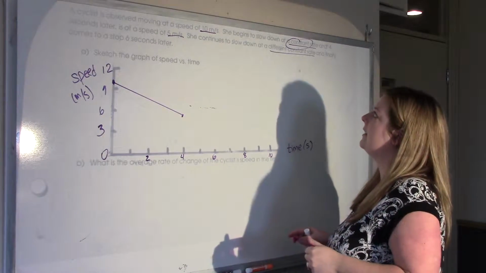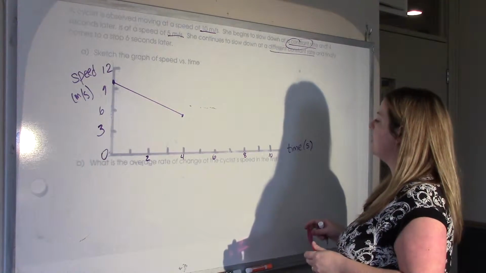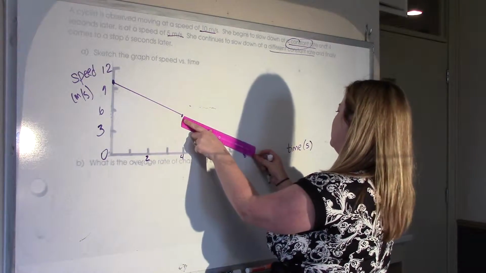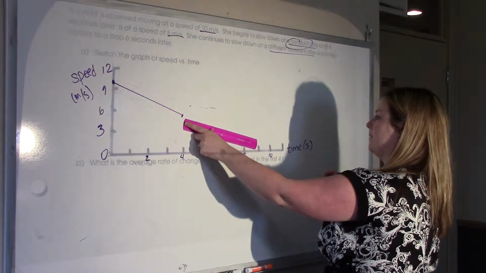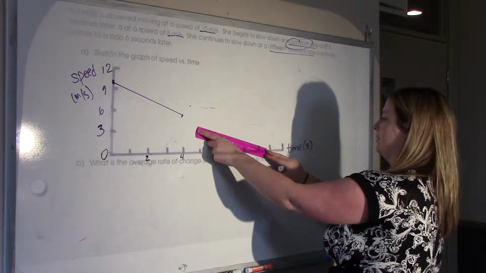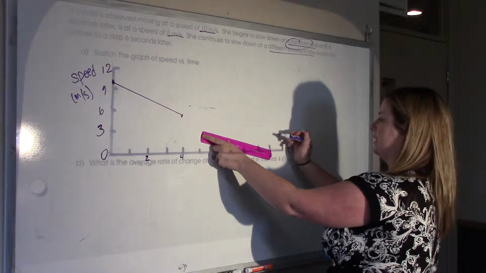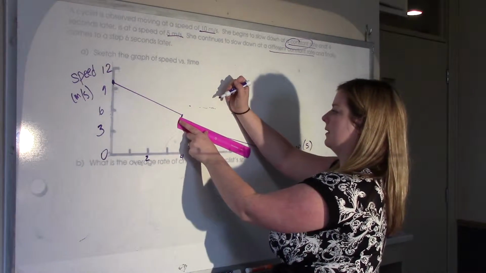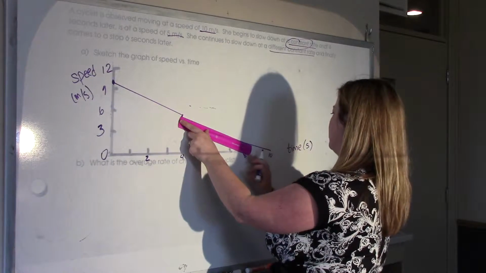Okay? Then she continues to slow down at a different constant rate. So between 4 seconds and 10 seconds, again, it's a constant rate, so hopefully your ruler is long enough to reach. I'm going to have to kind of guess this a little bit. Oh, I didn't quite do that right. Let me try that again.